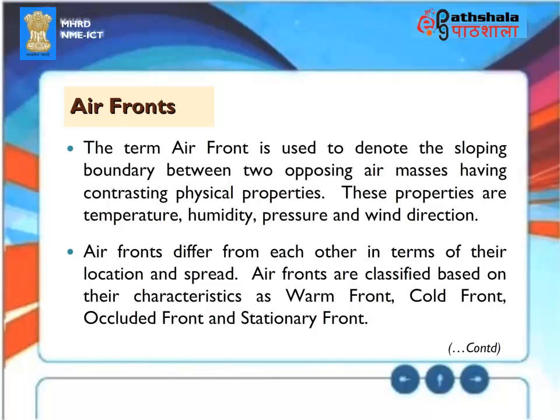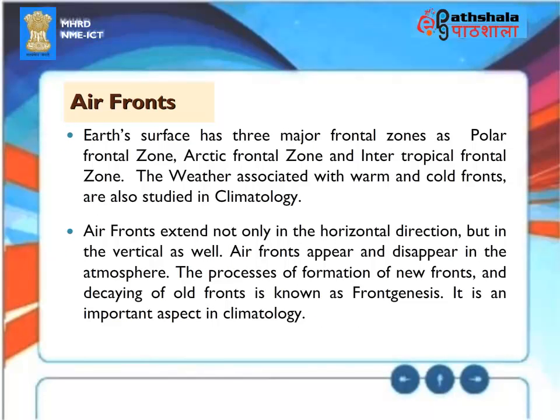Air fronts are classified based on their characteristics as warm front, cold front, occluded front, and stationary front. Earth's surface has three major frontal zones: polar frontal zone, Arctic frontal zone, and intertropical frontal zone. The weather associated with warm and cold fronts are also studied in climatology.